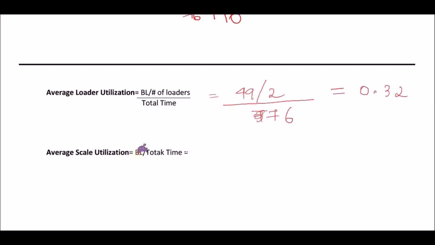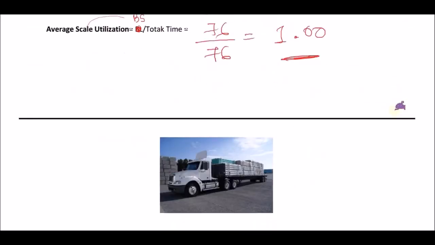Okay, so this is not BL, this is BS, right? Because we're calculating with reference to the scale. So what is our BS? BS is 76 and the total time is 76. So our scale utilization is 1.00. Hence we calculated all the 4 things that they asked us to find.